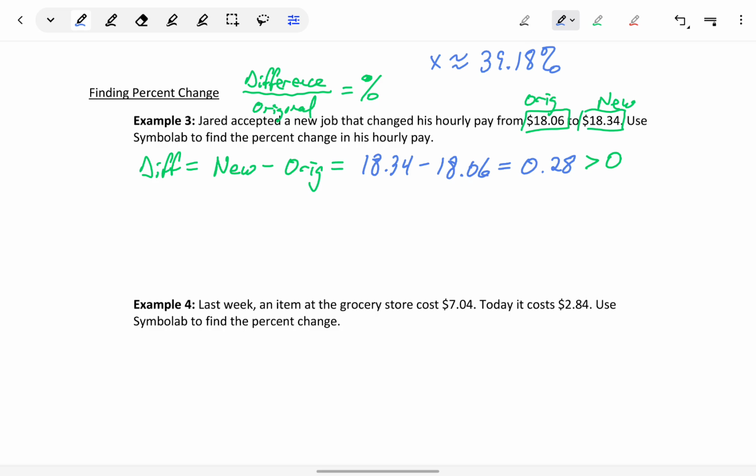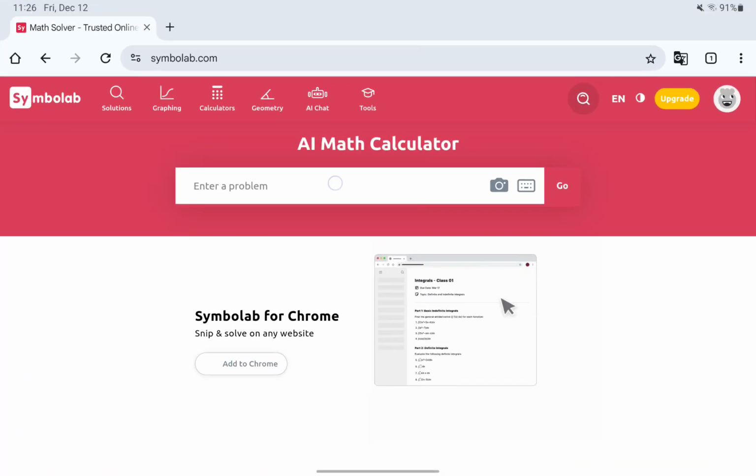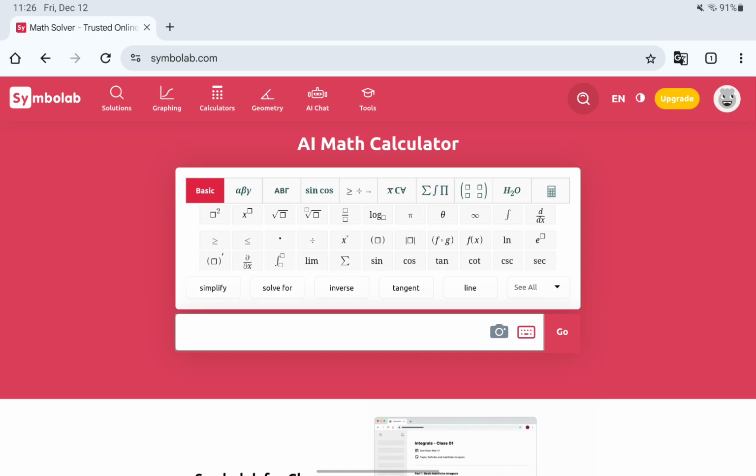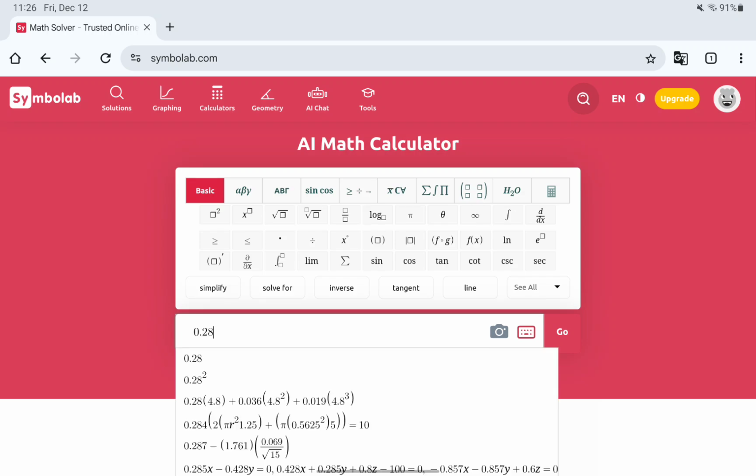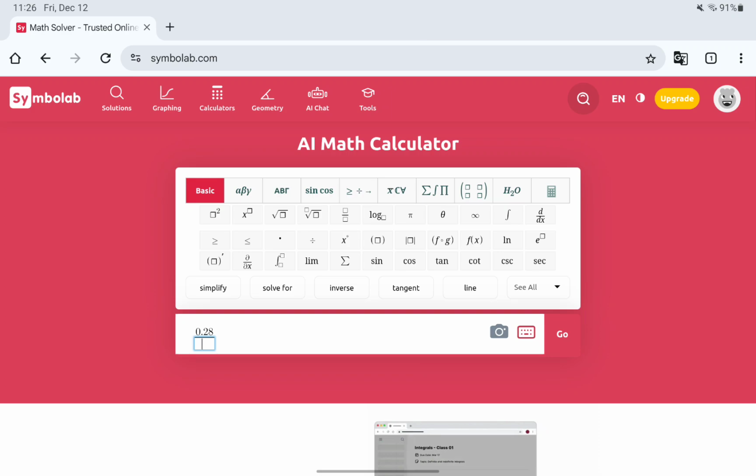This means now we can set up our problem. We can take the difference, which is 0.28, divided by the original amount, 18.06, and calculate that percent change. In Symbolab, we would just type that in as literally 0.28 divided by 18.06.